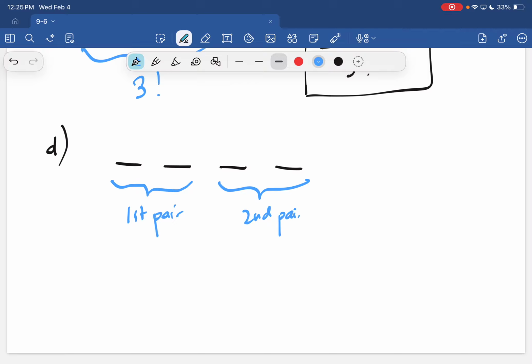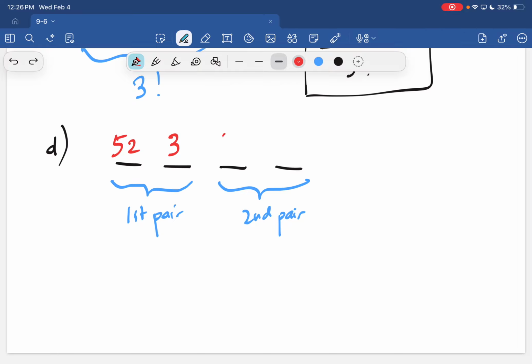Otherwise, it's more challenging. So how many choices do I have for the first card? 52. Very good. And for the next card, 3. I'm only going to have 3 choices for the next card because my rank has been set by the first card. If I chose a jack, I'm only going to want to choose another jack. So I have 3 choices left for that jack. Now, how many choices do I have for the third card?